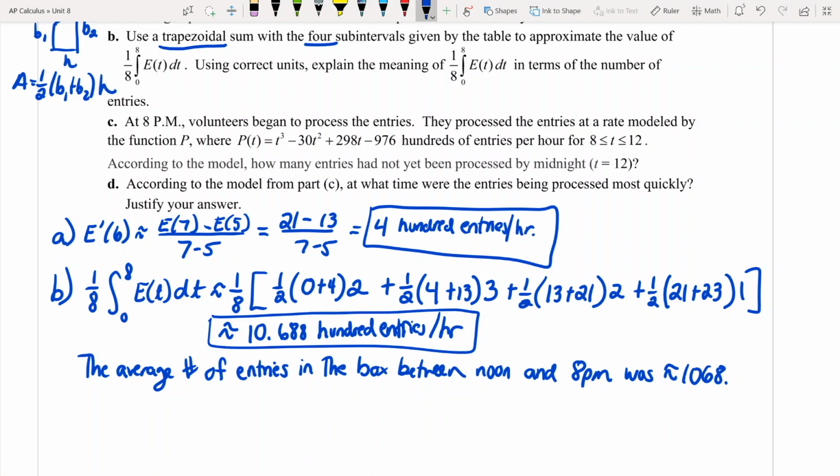And that lines up with our average value function. Remember we talked about 1 over b minus a in front of the integral? That's what that 1/8 represents, because we're looking at an 8-hour interval. If you need to review that, head back and look at AP Objective 8.1.